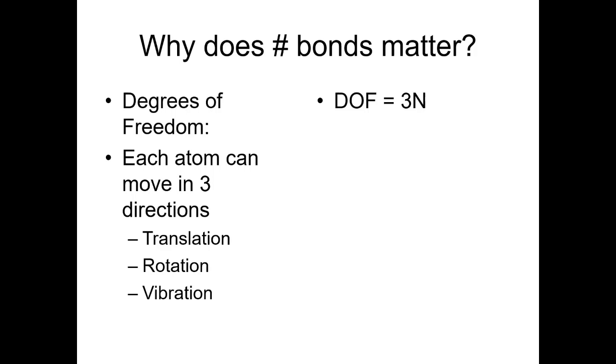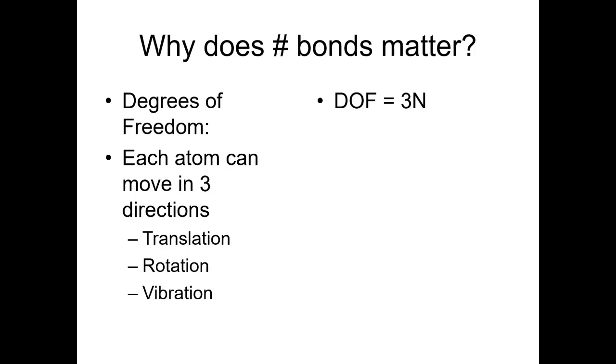Each atom can move in 3 directions. So it can move up and down, side to side, or in and out, closer and farther from you. And so each of those motions represents the 3, and then we multiply that by each of the atoms.